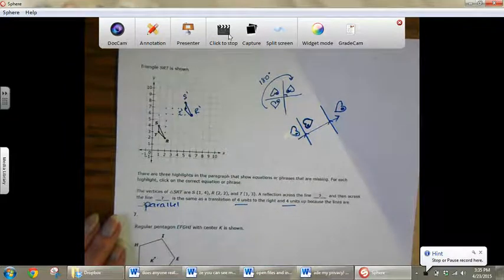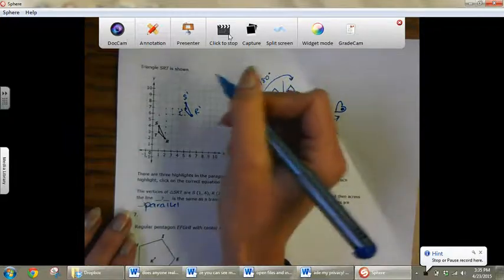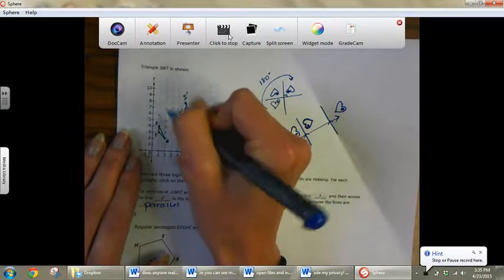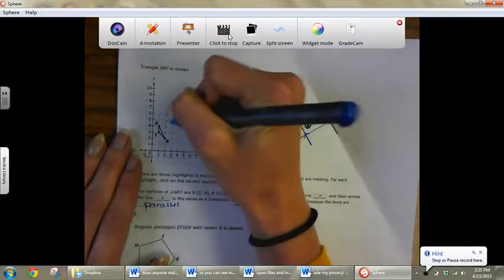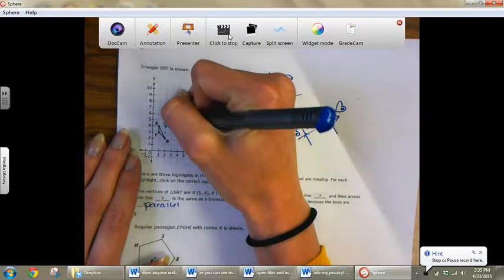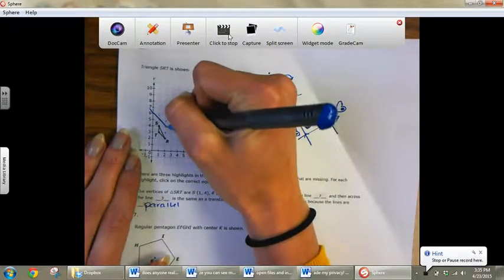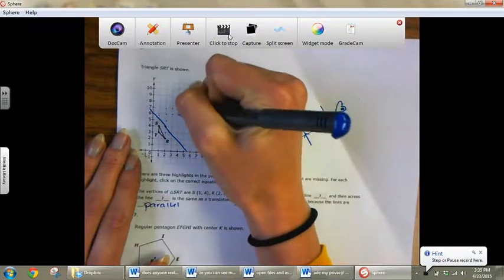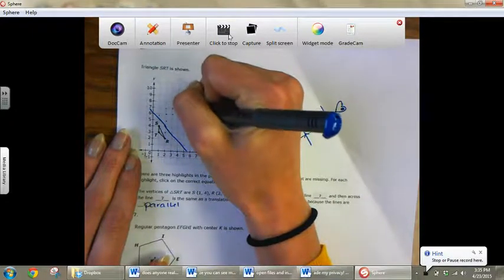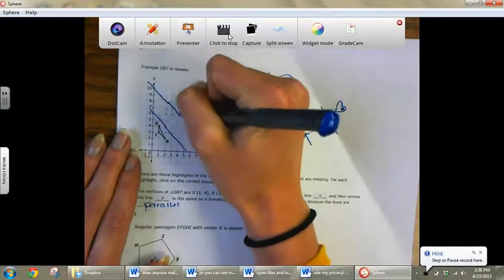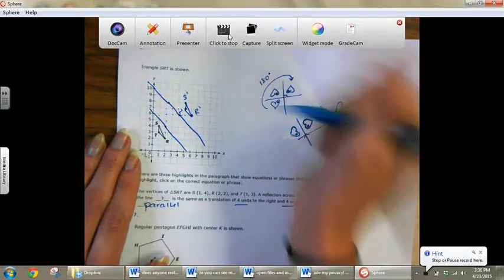Now, I originally thought there was only one answer that worked for this, so if I were to draw a line, I was kind of just trying to keep it in line with these other ones, and so I have my line here, and I have another line right here. And to me, I felt like, okay, if I reflected, would that work?